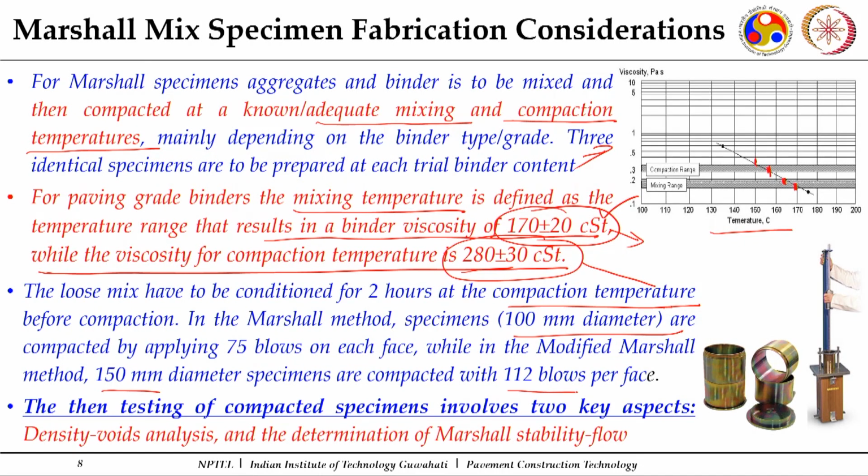When the NMS is higher and we go for 6 inch diameter specimens, we go for 112 blows on both faces. Once compaction is done, we go for density void analysis, and Marshall stability and flow determination to work out the optimum binder content.